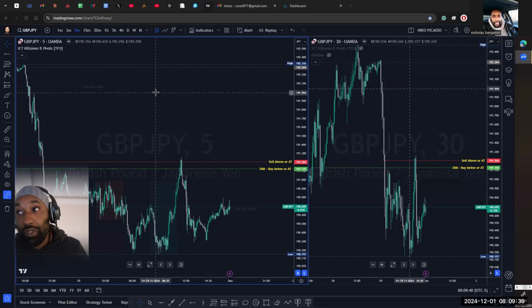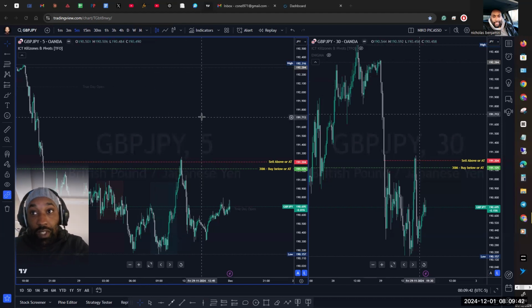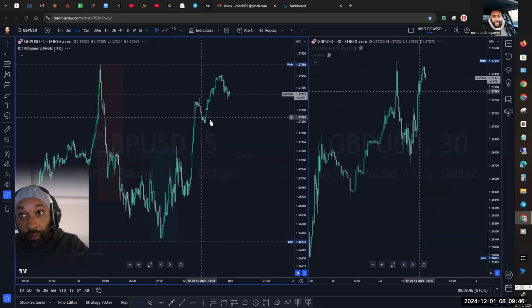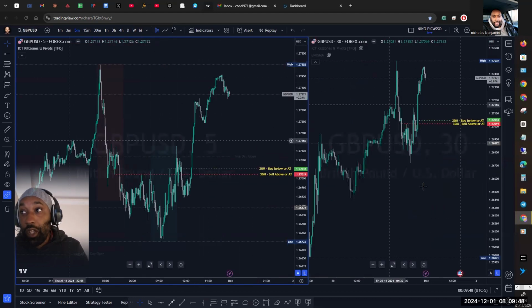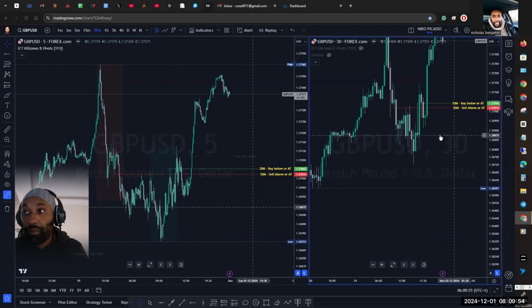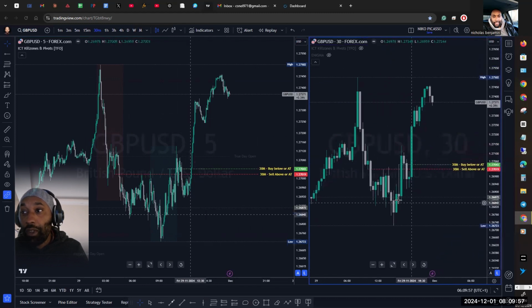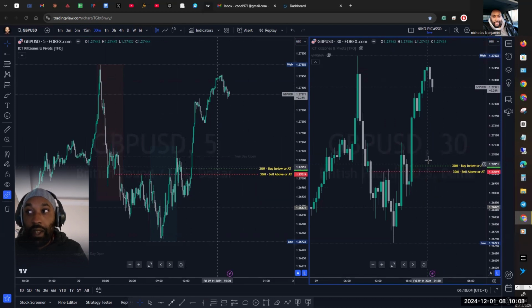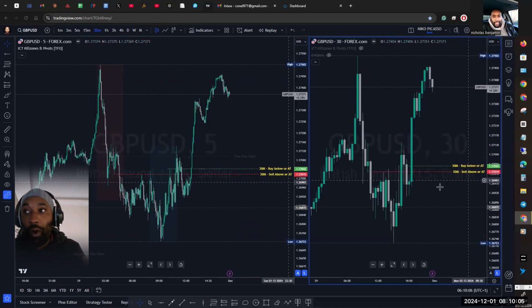I'm going to show you a few examples here. I'm going to start with GBP USD, and just to show you last Friday how it was, okay? So on the right of my screen right here, as you can see, we have the 30-minute time frame. And if you observe carefully, right here, you see I placed a red line and that says 30 minutes, to identify the 30-minute time frame, sell above or at.